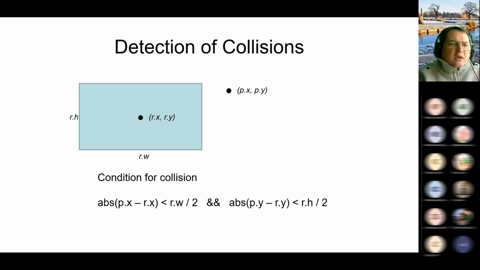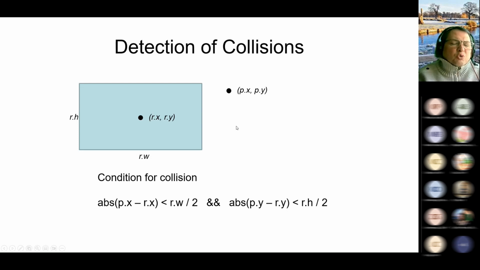But we also have to do the same calculation in the y direction. So in the y direction, this will be this distance. And looking at this picture, in the x direction, the distance between the points is wider than half of the width of the rectangle. So there's no collision in the x direction.